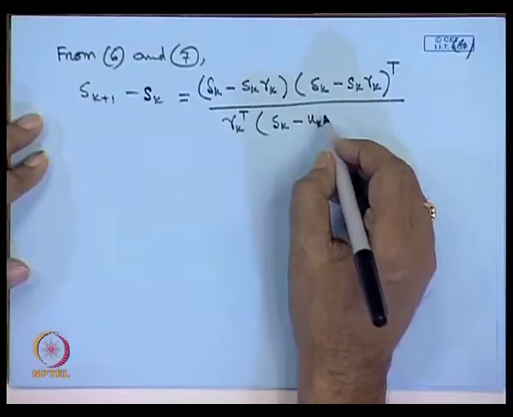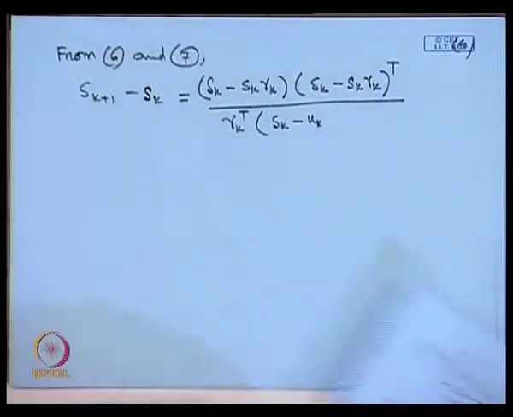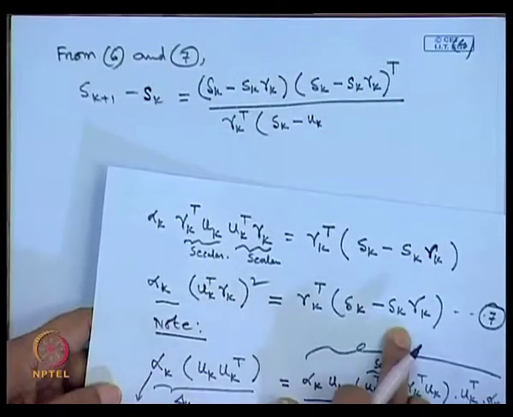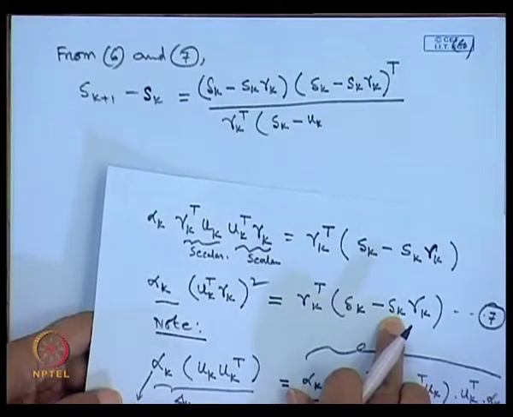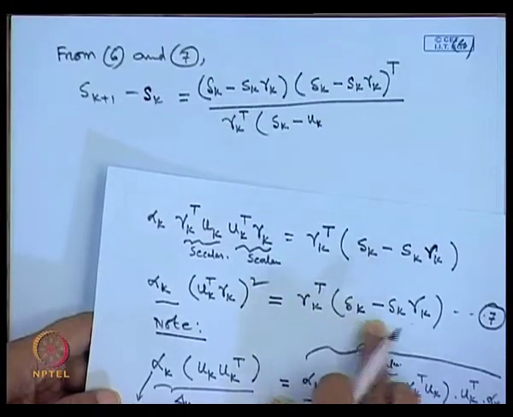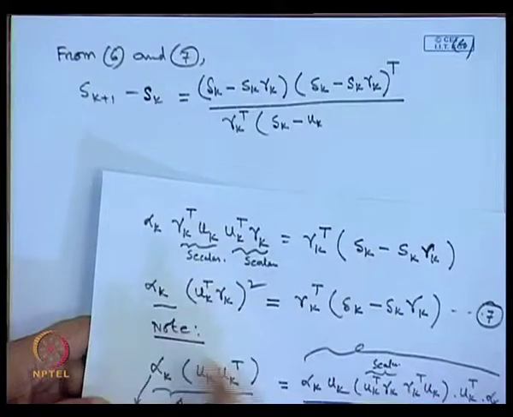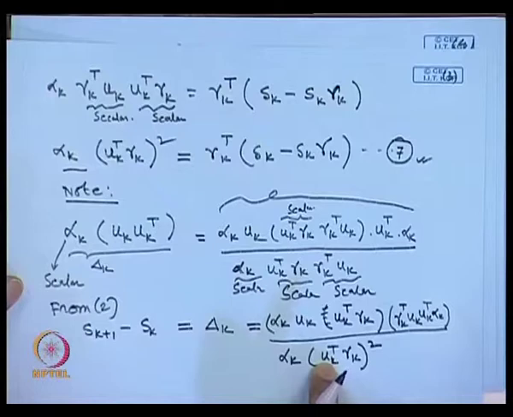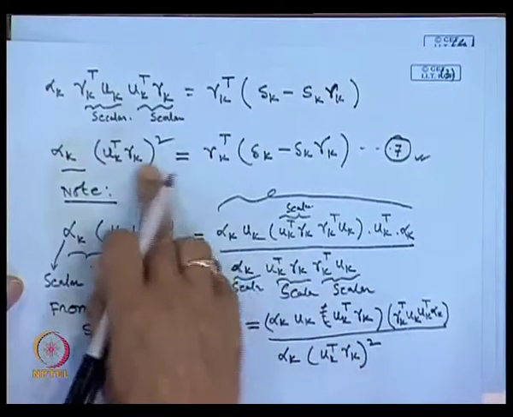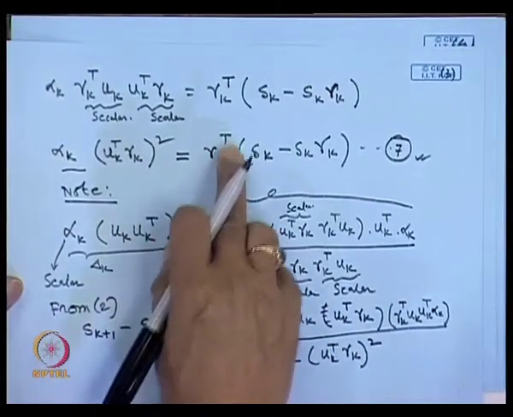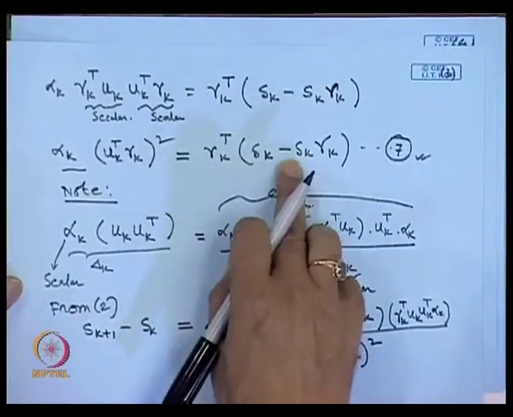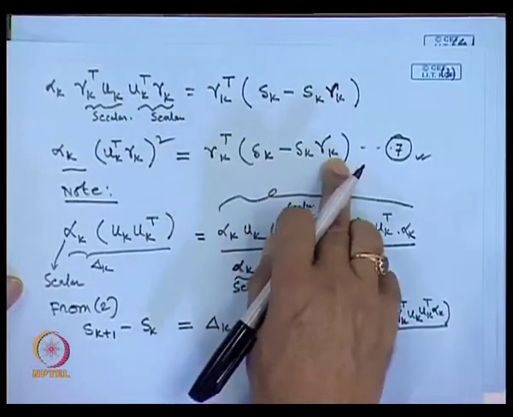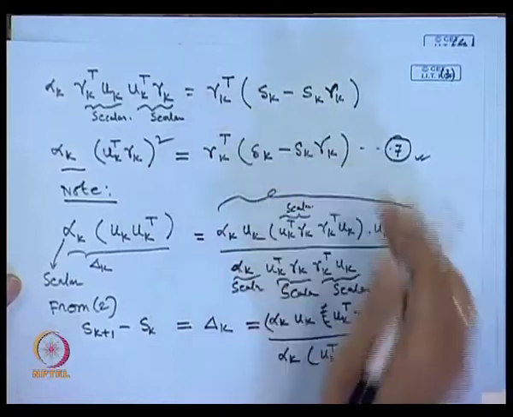So, what is this value? Just see this one: gamma k transpose x k, this is delta k minus, and I am replacing it using equation 2: alpha k u k transpose gamma k, gamma k transpose delta k minus x k gamma k, and gamma k.